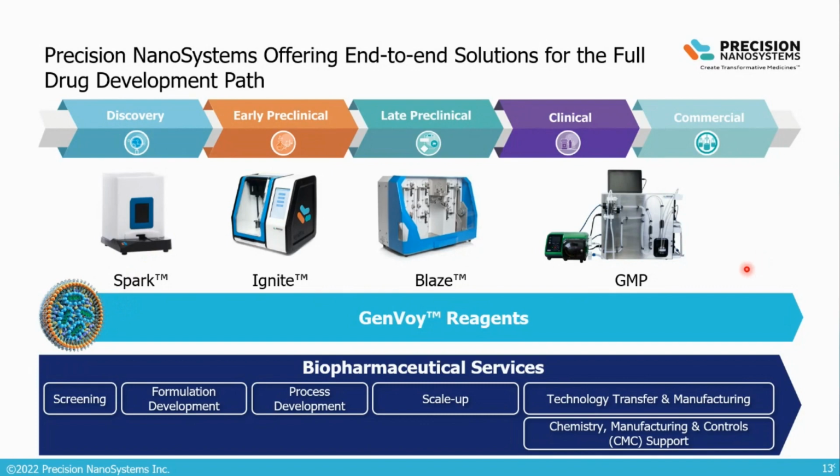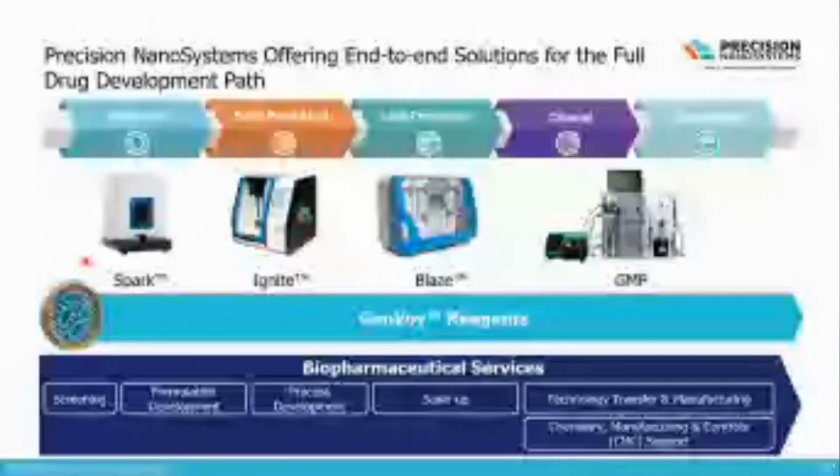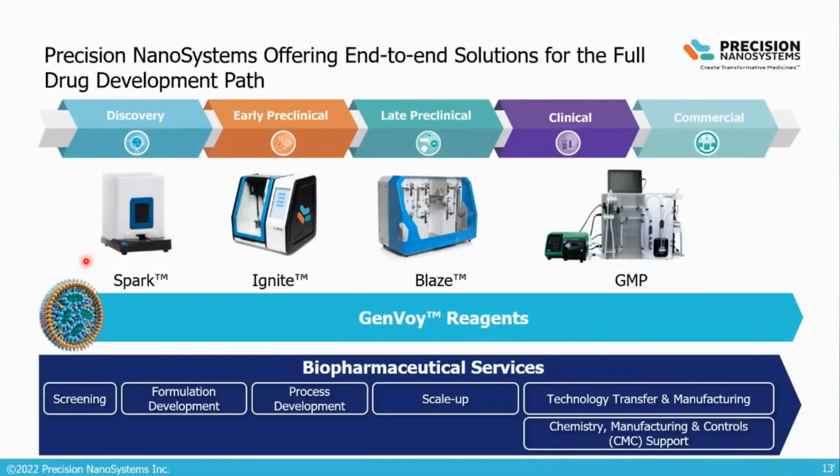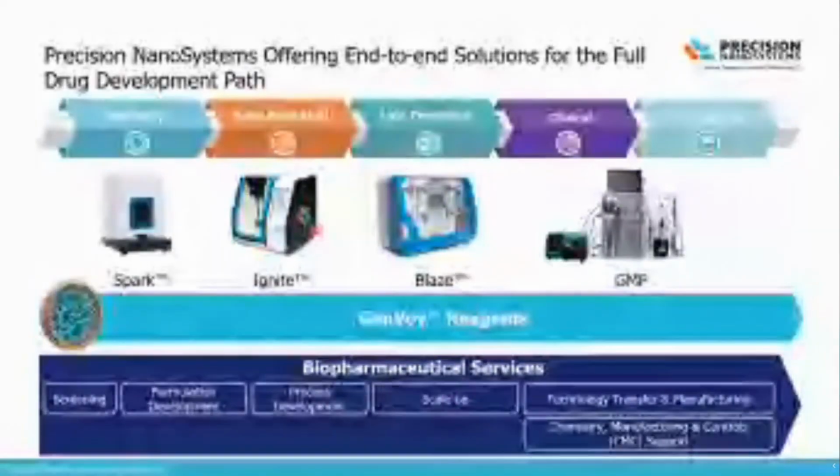The kit we're talking about specifically is optimized on the Spark instrument, our smallest instrument that generates discovery scale materials, around 10 million CAR T cells worth of materials. We're confident we can scale this kit up to the Ignite scale, the one to the right, with sufficient materials for at least hundreds of millions of CAR T cells.